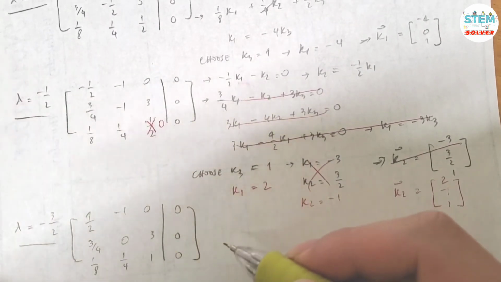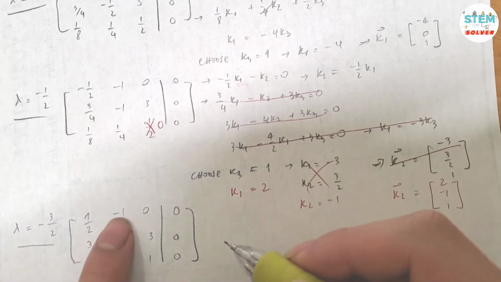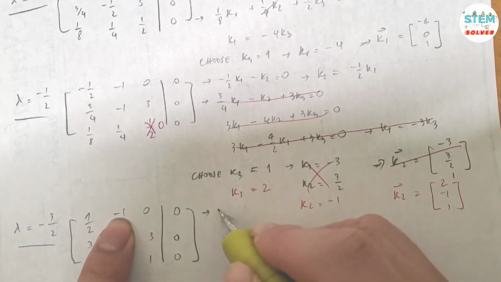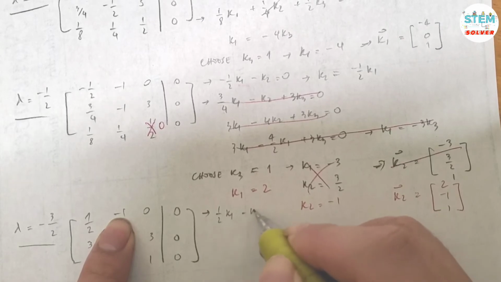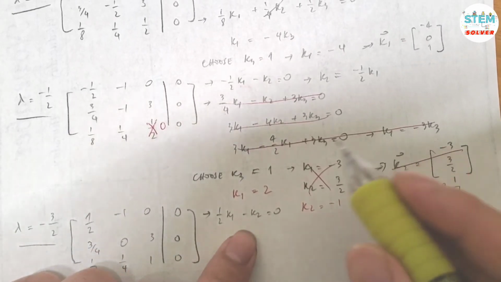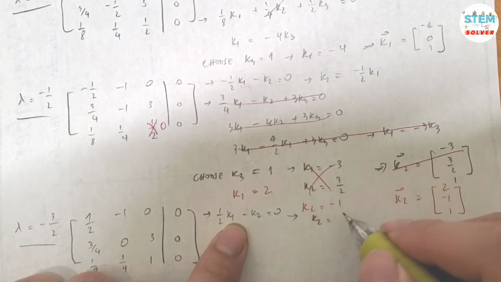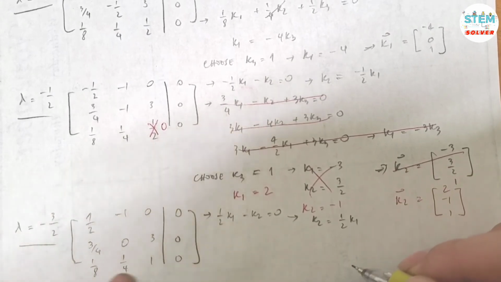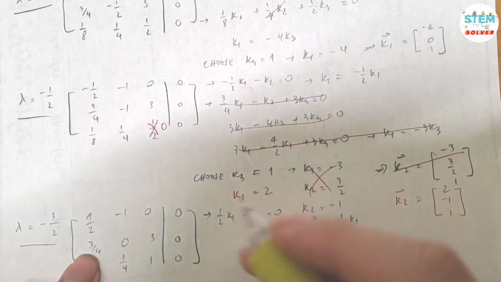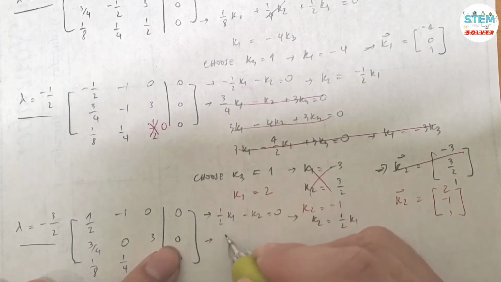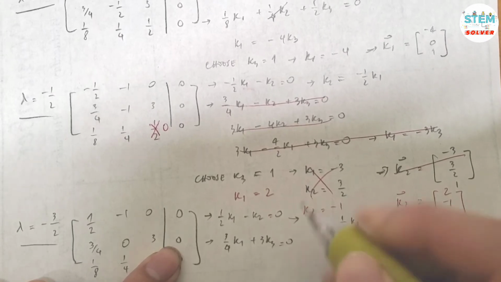Now going back to this matrix augmented with 0. If I use this equation, I will have 1/2 k1 minus k2 equals 0. Solve for k2, I get 1/2 k1. Now use this, 3 over 4 k1 plus 3k3 equals 0.